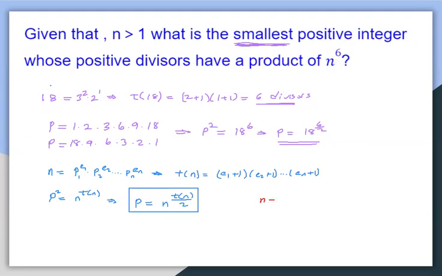We have T of n, the number of divisors, over 2, as the power in the product of the divisors, and we are told this is n to the 6th power. If that's the case, the power has to be the same. So T of n has to be 12, meaning that the number we are looking for should have 12 divisors. The question is, what is the smallest number that has 12 divisors?